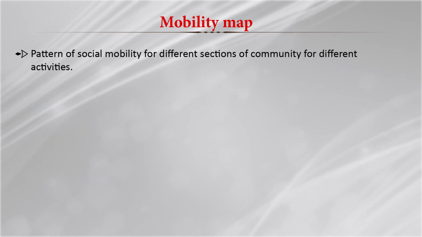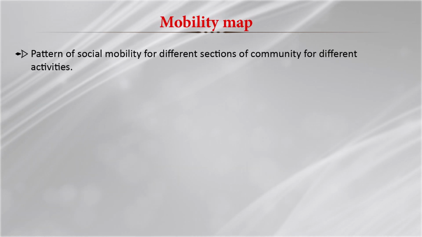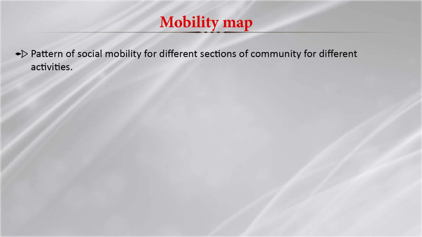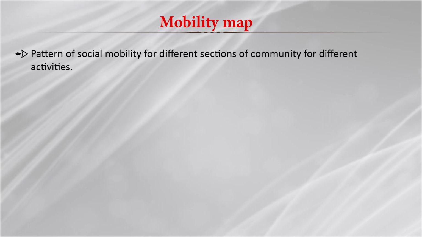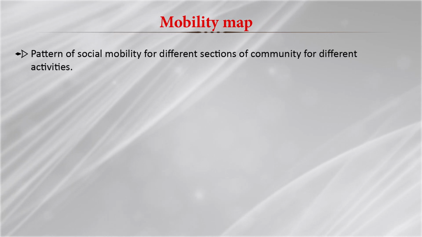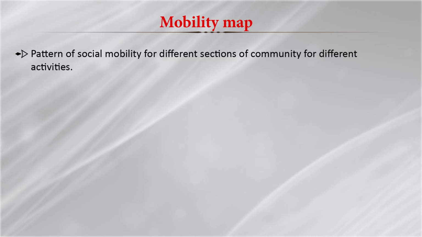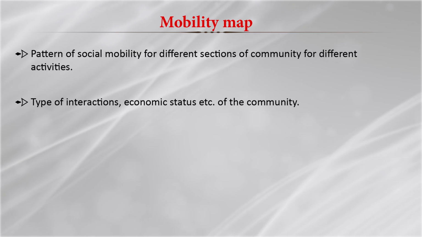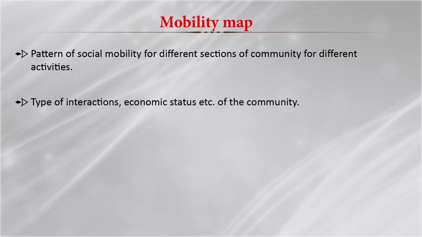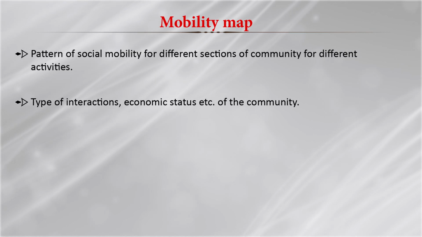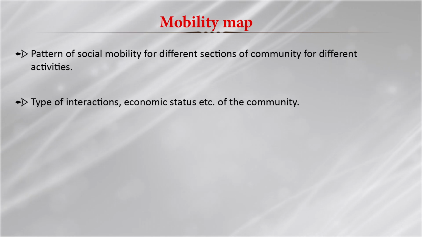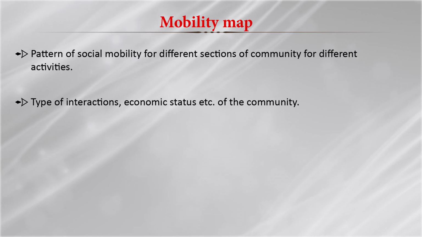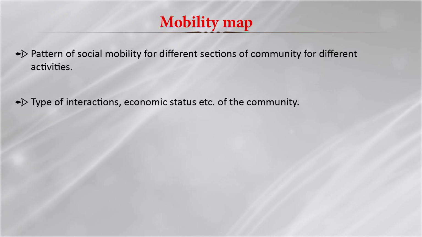Then a mobility map is also prepared, and it depicts the pattern of social mobility for different sections of the community for different activities. Here we can prepare information about the type of interactions, the economic status of the communities, how the caste system works, and what different activities are taken up by different sections of society.